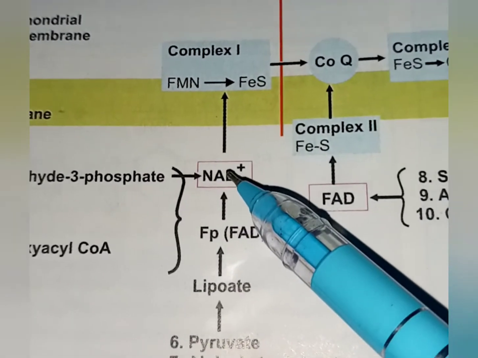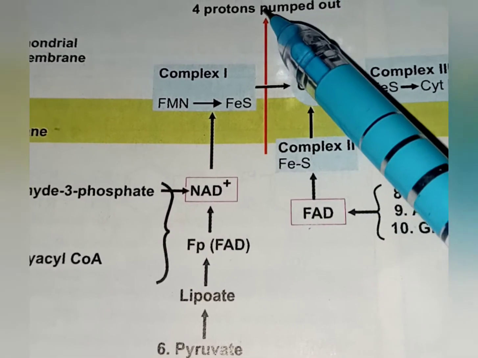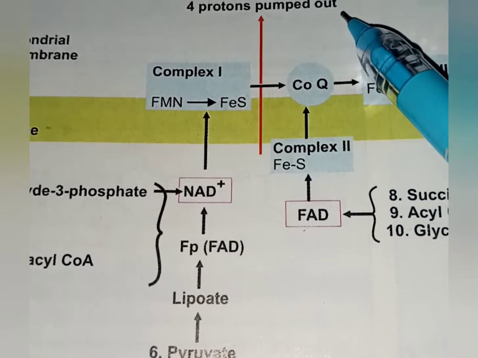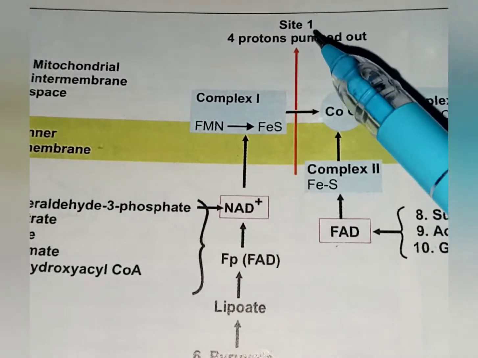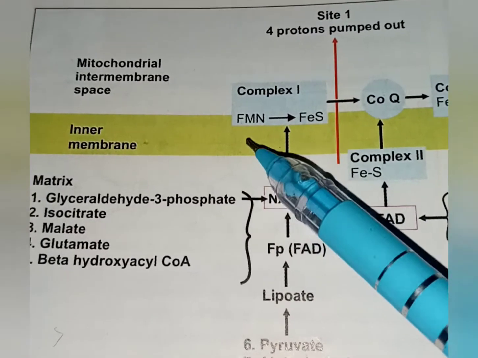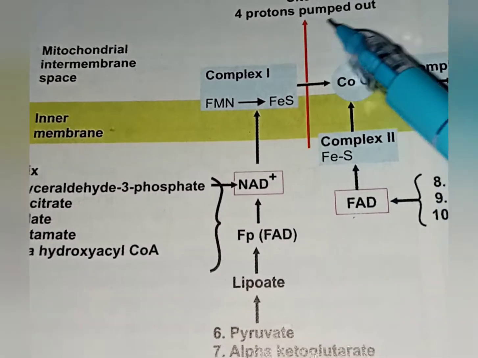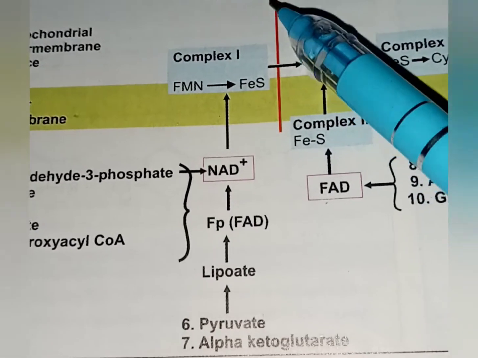It is transferring the electrons, and you can see 4 protons are pumped out to the intermembrane space. This is the inner membrane, this is the matrix, and this is the mitochondrial intermembrane space.